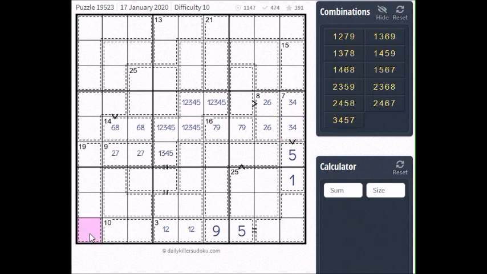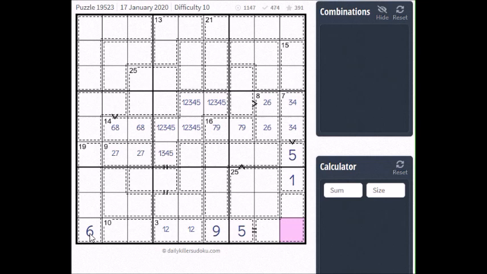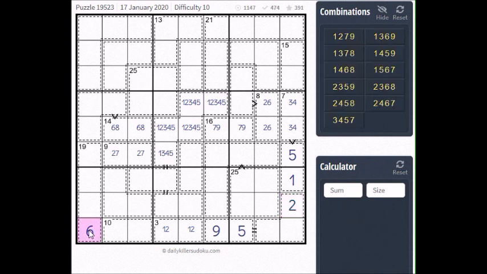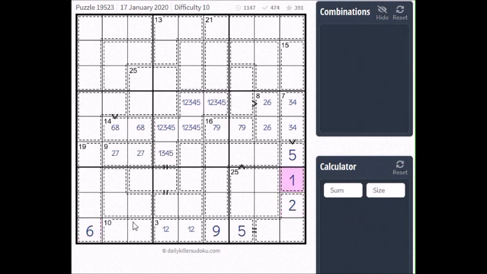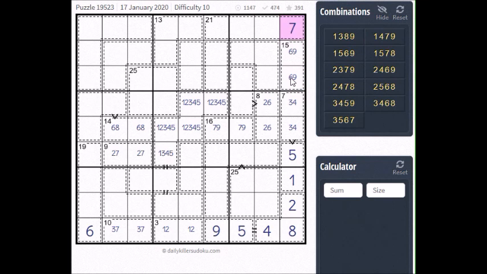It may be 6, 2, and also it cannot be 5, 1 because of the 1 here. So this is forced to be 6, 2, and this would be 3, 7. Here we would have 8, 4, which makes this 6, 9, and this would be 7.